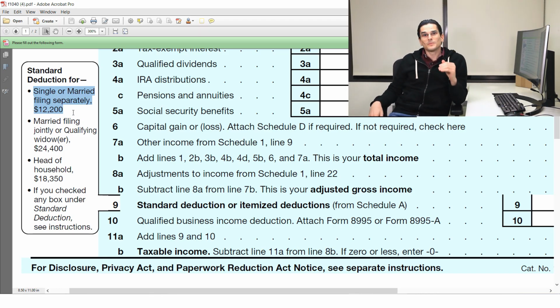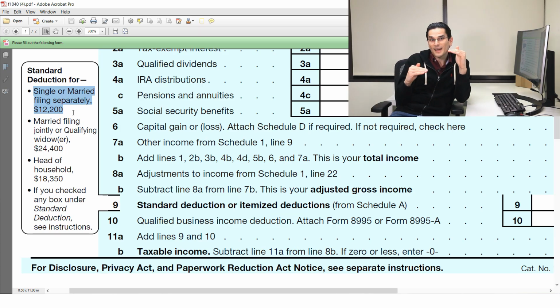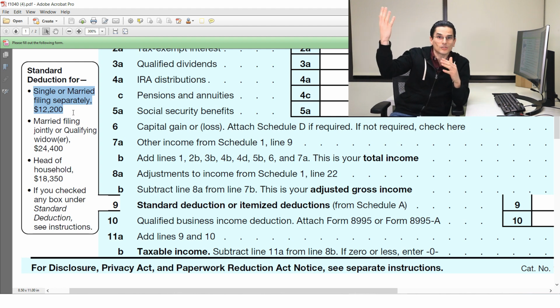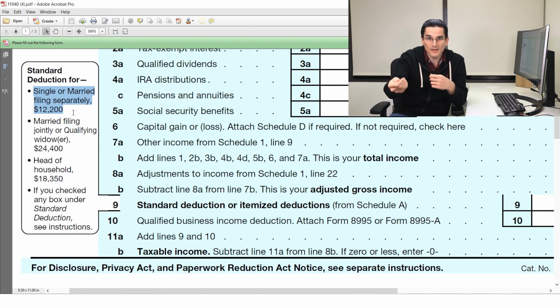Now, quite simply, if the standard deduction is here and your itemized deductions are less than that in total, then you want to take the standard deduction to get the bigger tax benefit because these deductions decrease your total taxable income. On the other hand, if your itemized deductions are higher than your standard deduction, then you typically want to take the itemized deductions because it gives you a greater tax benefit.